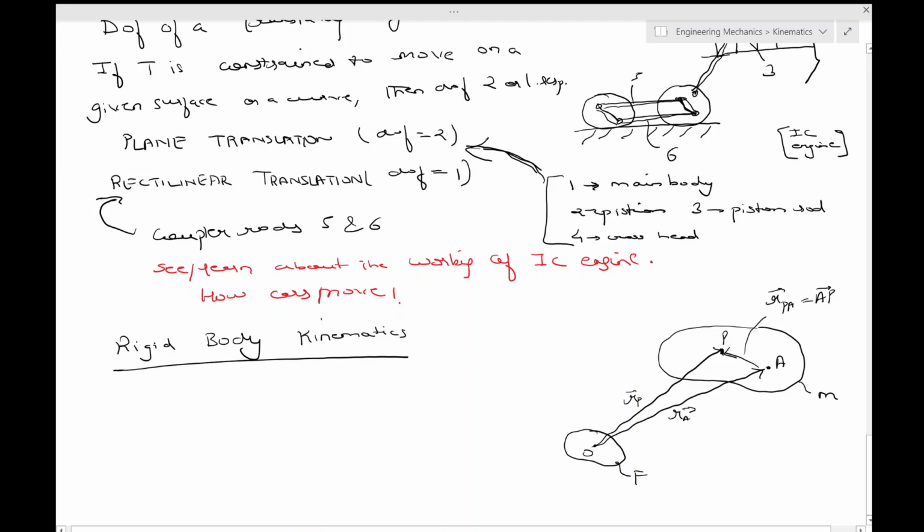Okay, for material points P and A of a rigid body M, the velocity of P with respect to M is equal to 0.